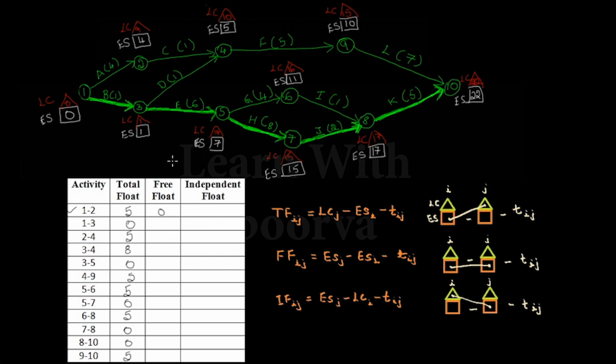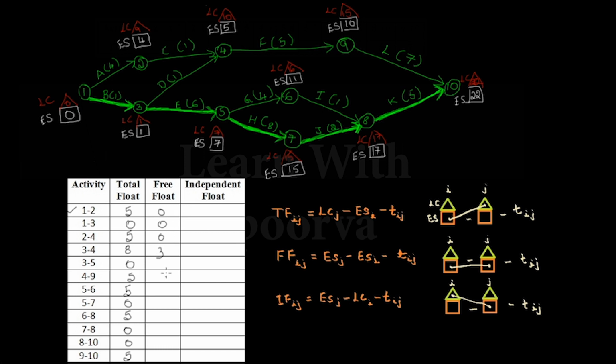For the next activity 1 to 3, it is 1 minus 0 minus 1. So we will get it as 0. For 2 to 4, it is 5 minus 4 minus 1. We will get it as 0. Next for 3 to 4, 5 minus 1 minus 1. 5 minus 1 is 4, 4 minus 1 is 3.